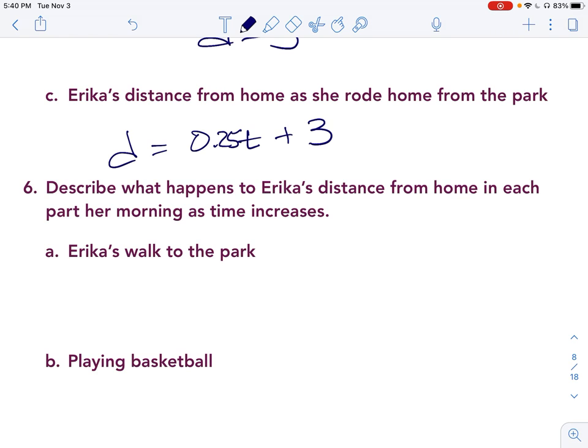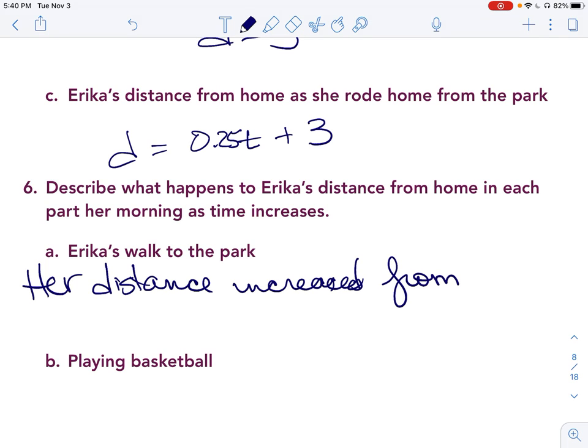So as the time got further and further away from 0, what happened? Her distance increased from home.